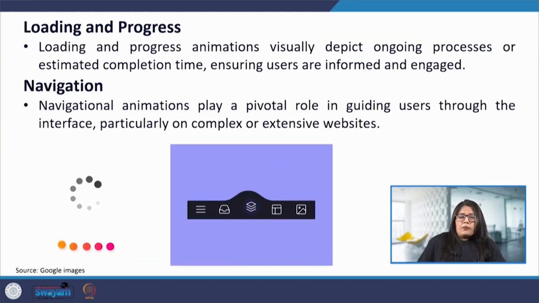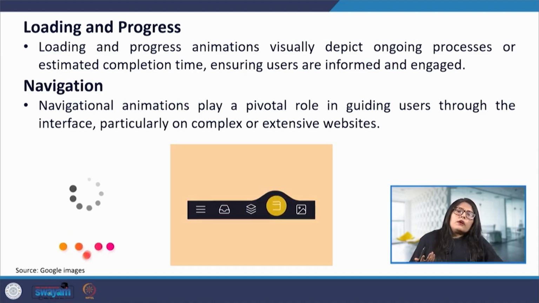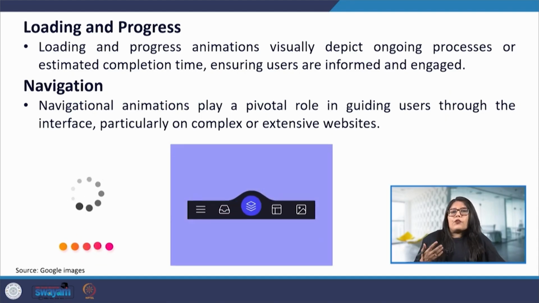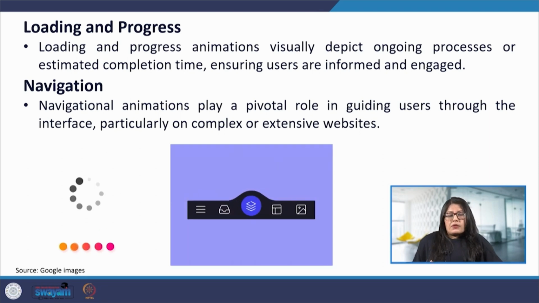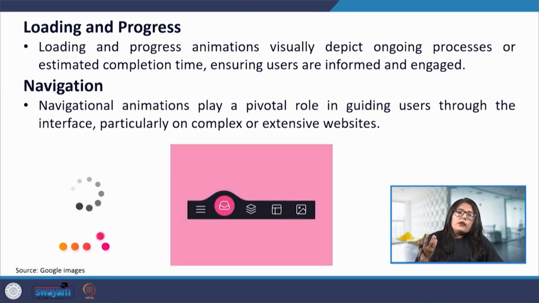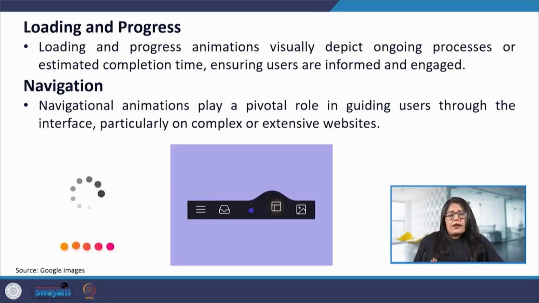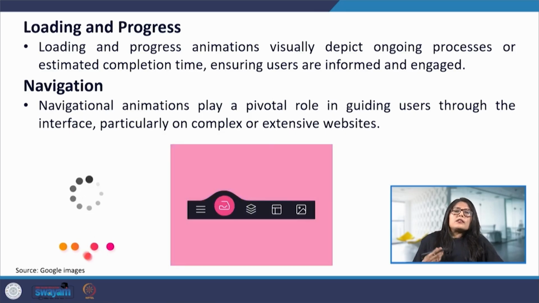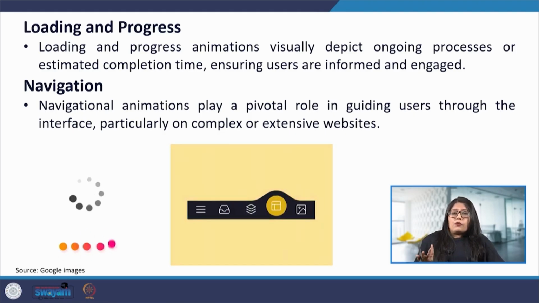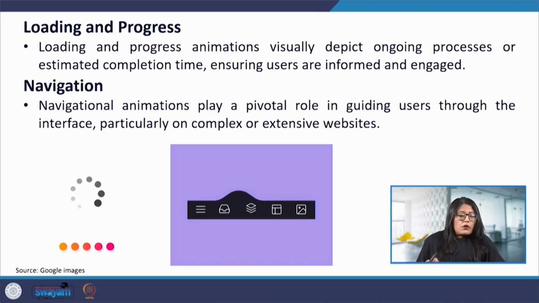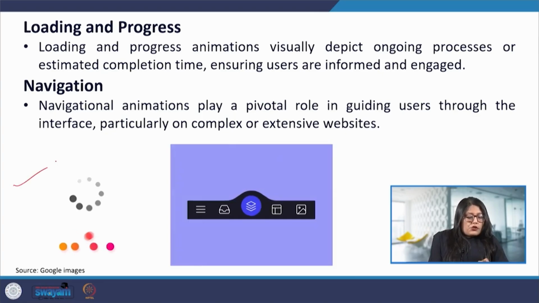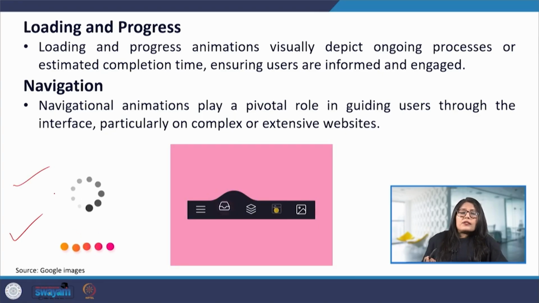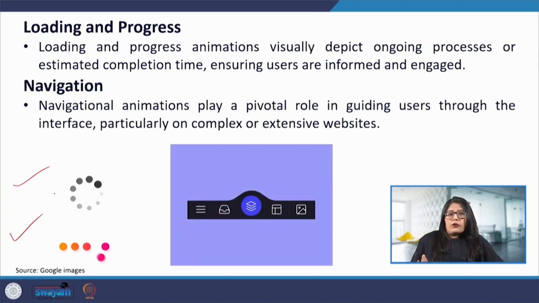Then loading and progress. There are a lot of different functions that require loading time. The software may take some time or even the submission of some form may take some time. So, how can this be made a little bit more cheerful, a little bit more positive for the user? For this we have all these ways in which the loading and progress can be tracked by the user.